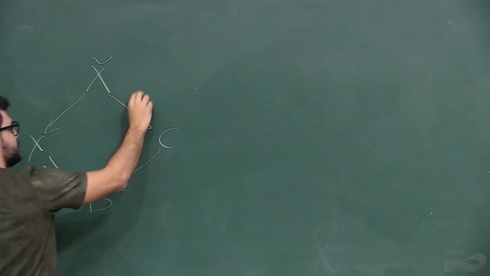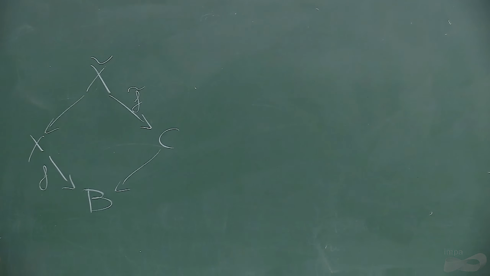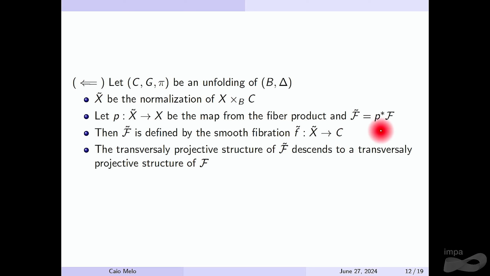And here is F, here is, yeah. And so the pullback of the foliation given by this fibration will be given by this smooth fibration.